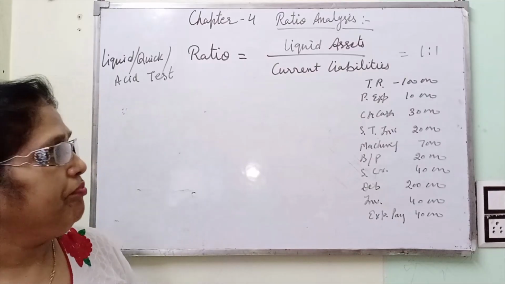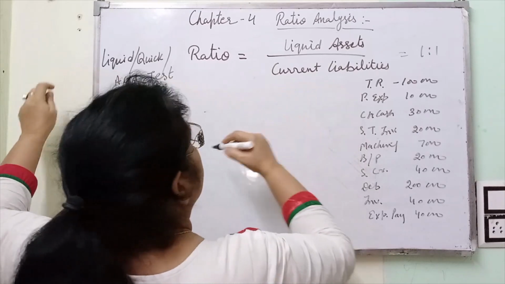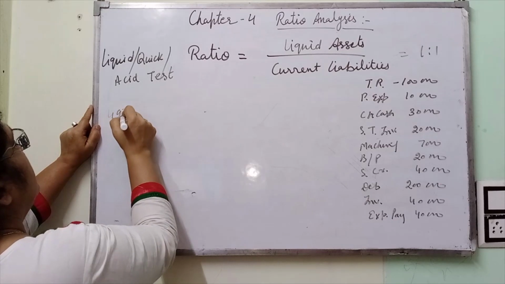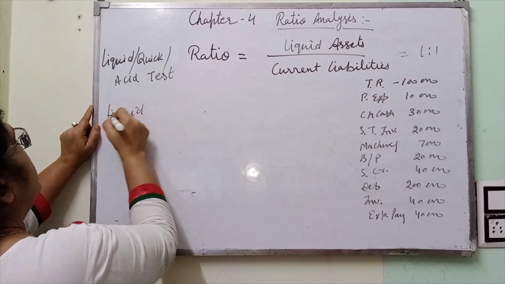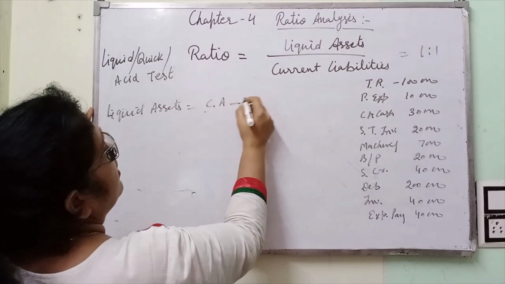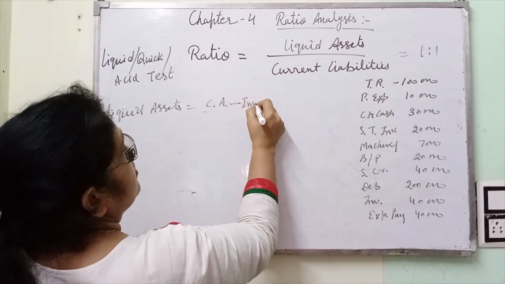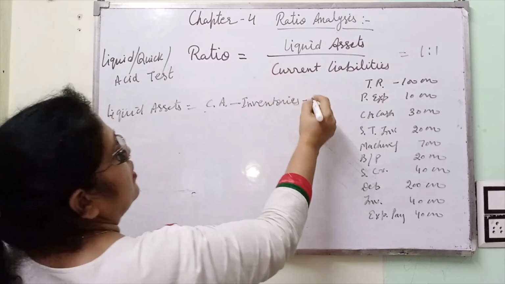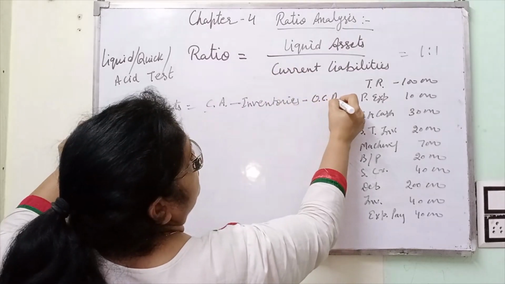As the question is the same, and in case of liquid assets, how can we calculate liquid assets? Current assets minus inventories minus other current assets.